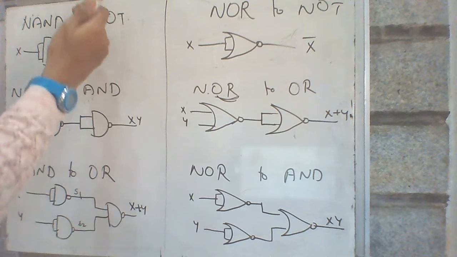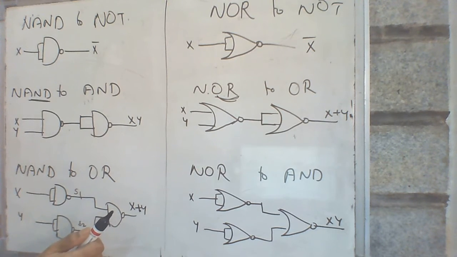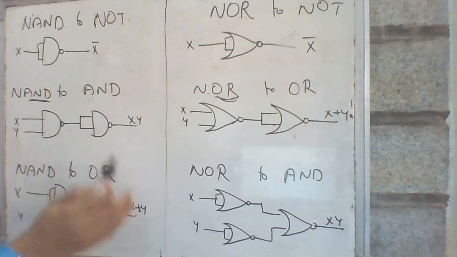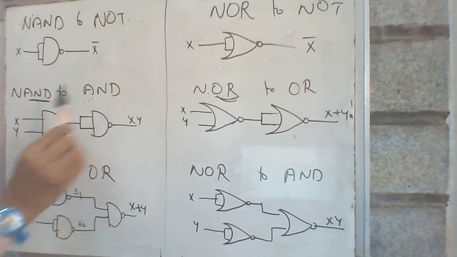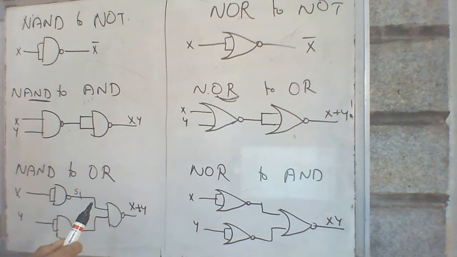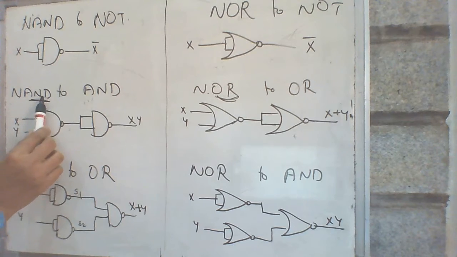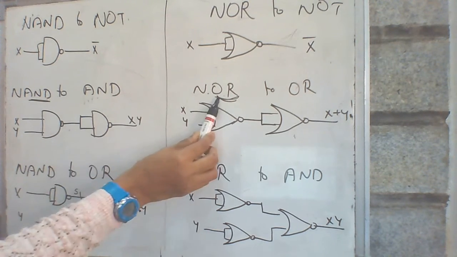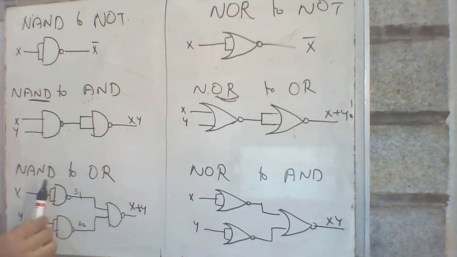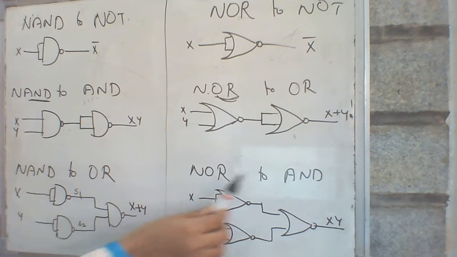If you learn the first diagram, then you can draw the NOR diagram also. Only the difference, instead of NAND gate, here we are using NOR gate. NAND to AND and NOR to OR diagrams are same. NAND to OR and NOR to AND diagrams are same.